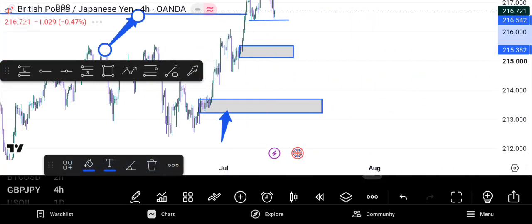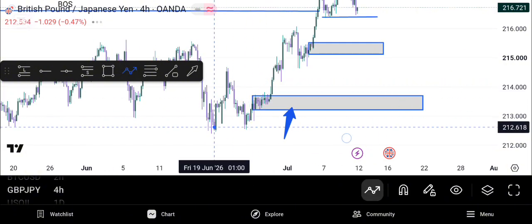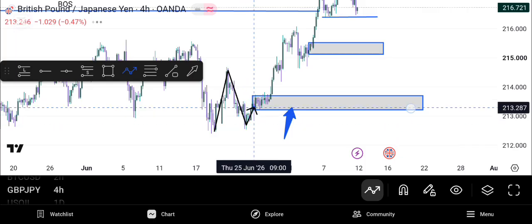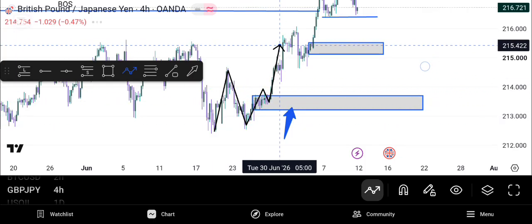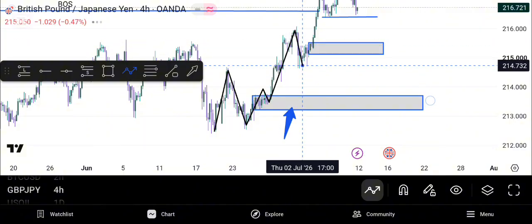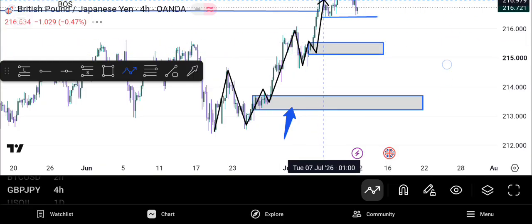Because as you can see, price gave us this move, right? Came down, came here. From this order block, price went up, left here. It got rejected, and then from here, this is where the move started, which broke structure.